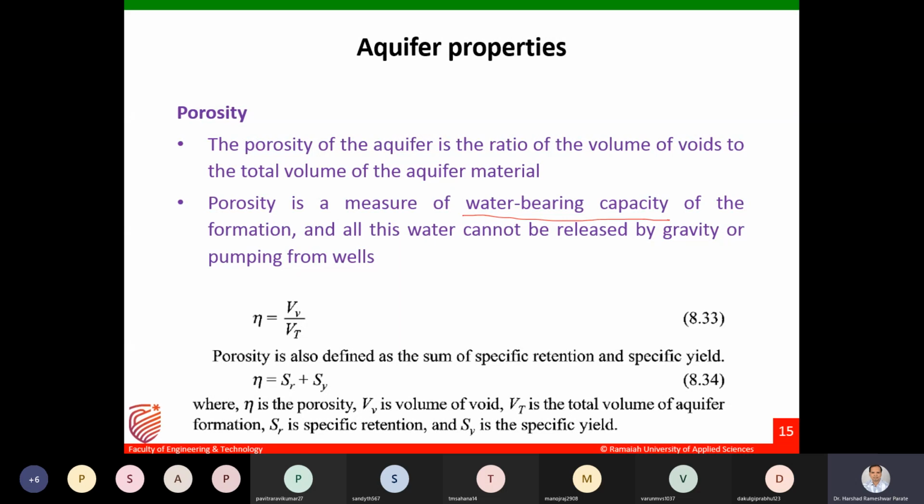It depends on the soil properties. Like clay soils, it will hold the water, it will not allow water to release. So the water that is held, we call it specific retention, and water that we can pump out comes as specific yield. So your porosity, you can say, is a sum of specific retention plus specific yield.